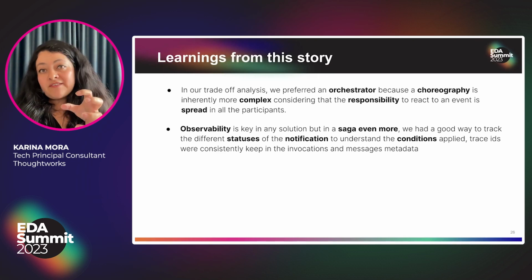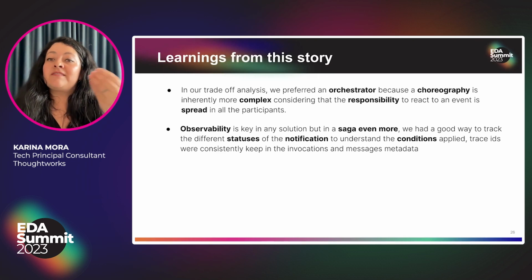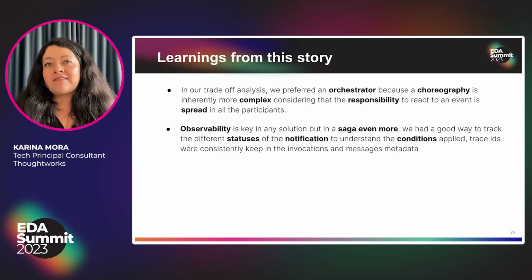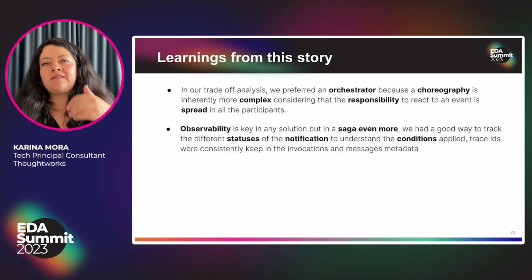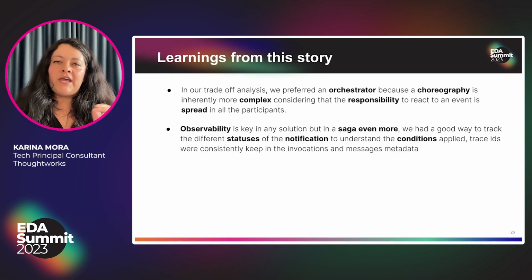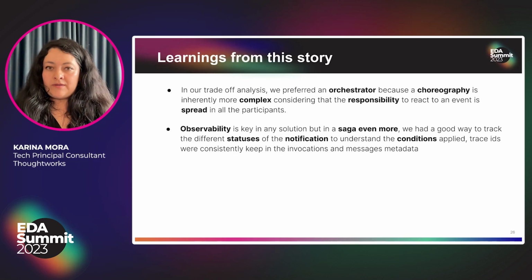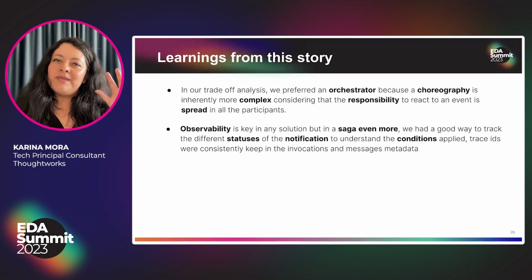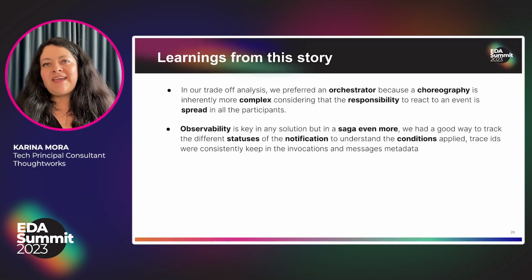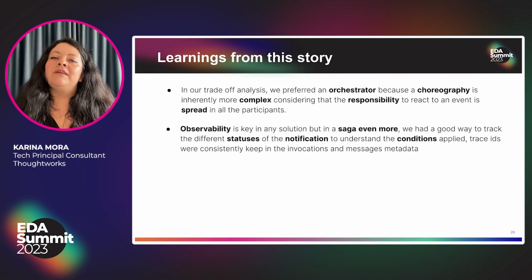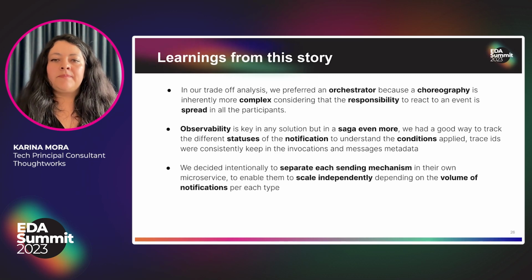I mean, you have the orchestrator that is persisting those statuses, but also for us, it was very helpful to be able to see in all our solution how these different compensation actions, for example, were invoked. And what was very important, because you have different microservices, is to be sure that all the trace IDs are passed in all of this flow as a way to help you understand what is happening in the system.